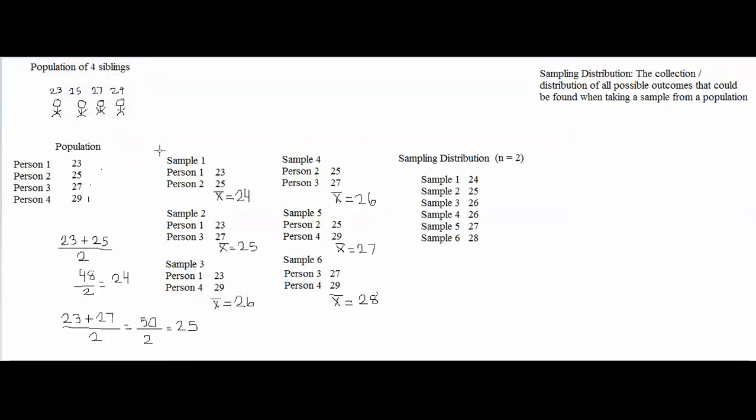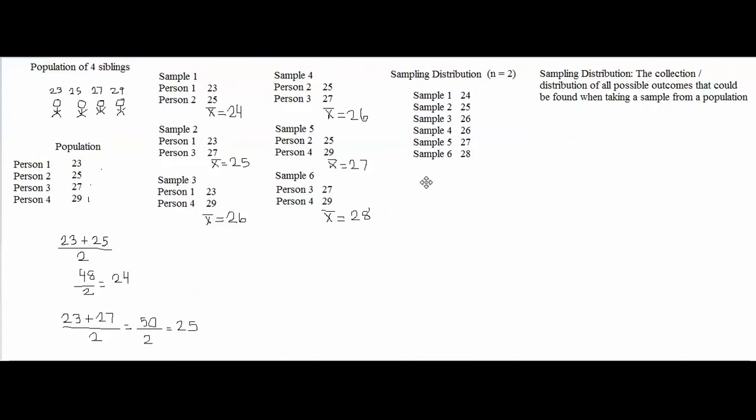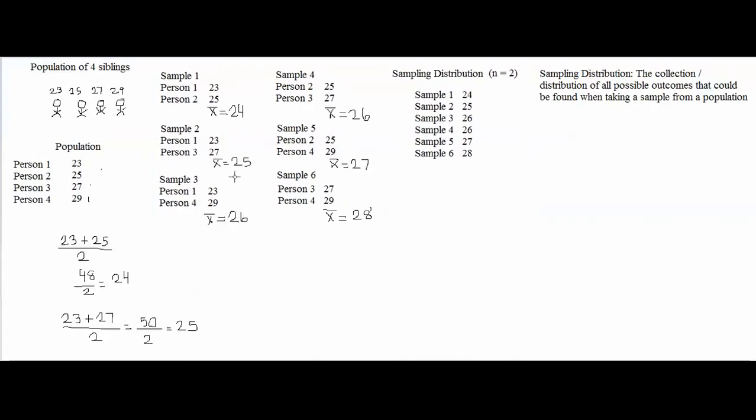In order to make room for that, let's move all of this up here. Let's clear off some of this to give us some more space. Well, one obvious possible sample of 3 people is person 1, person 2, and person 3.